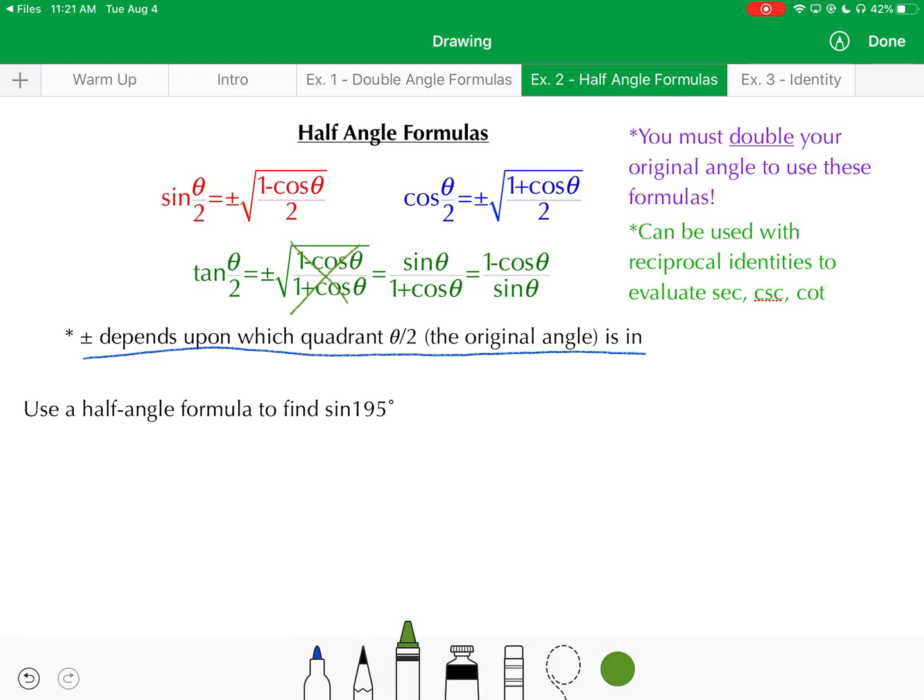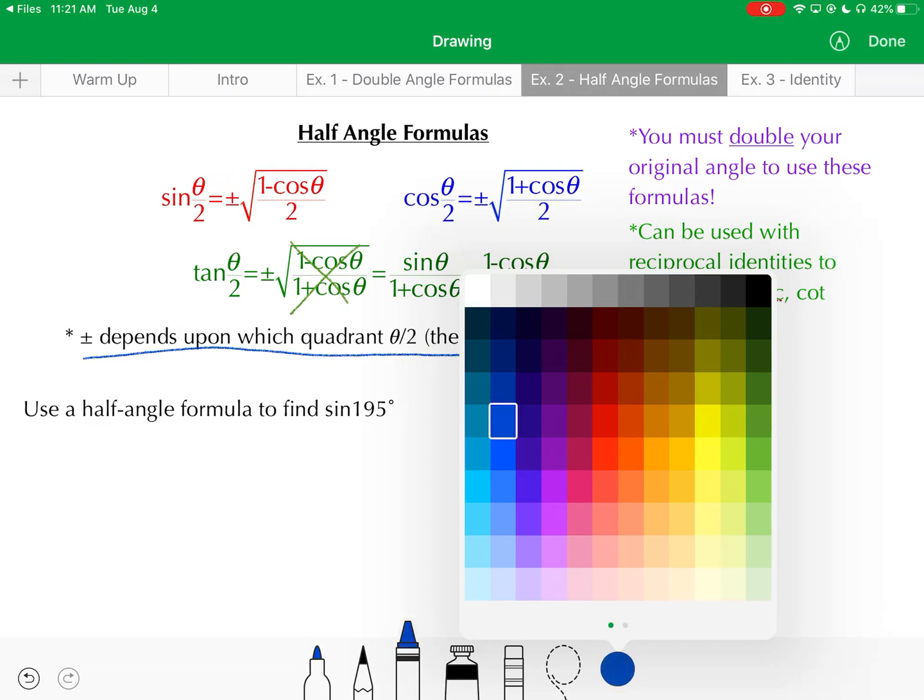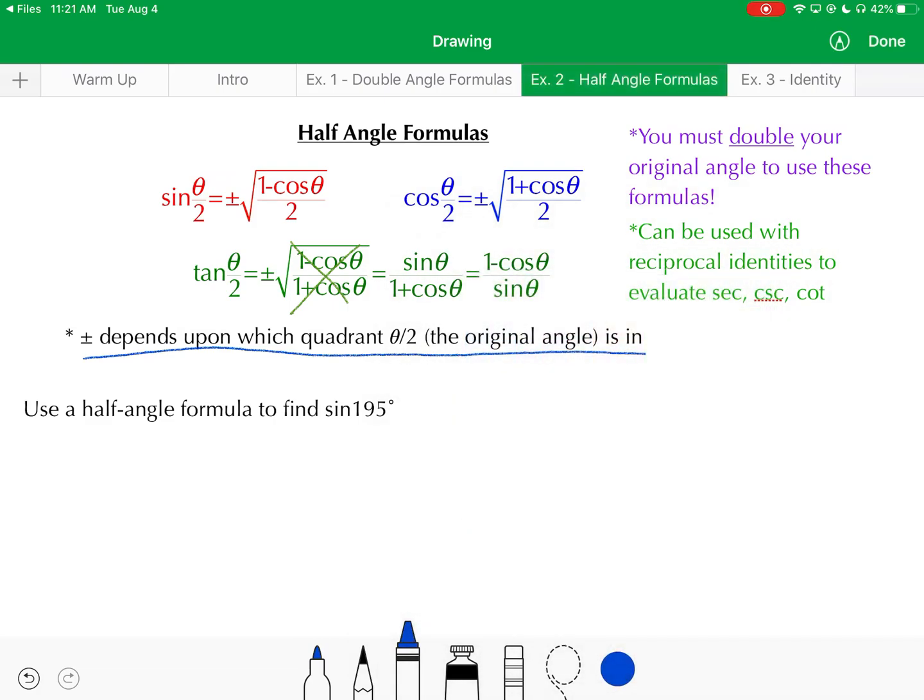Okay, so let's use a half angle formula to find sine of 195 degrees. Okay, so I'm evaluating for 195. When it says use a half angle formula, that tells me I should actually be doubling the angle I'm evaluating for, which takes me to 390 degrees.